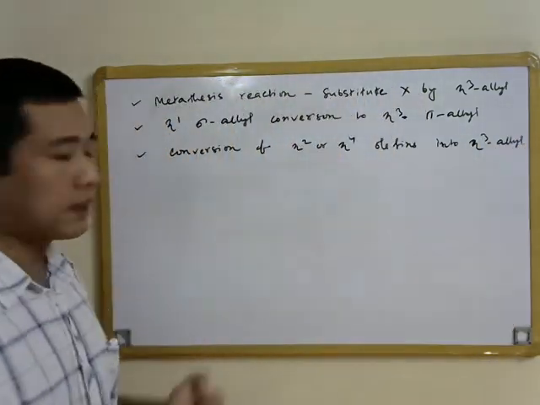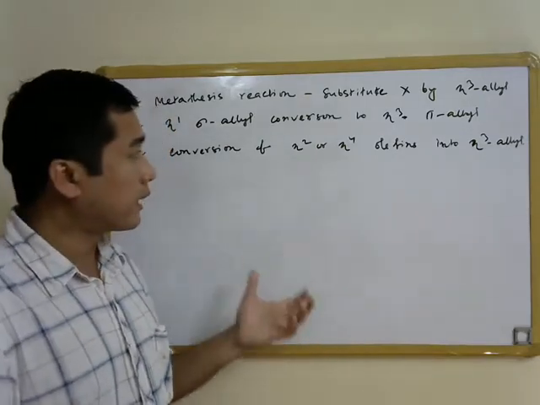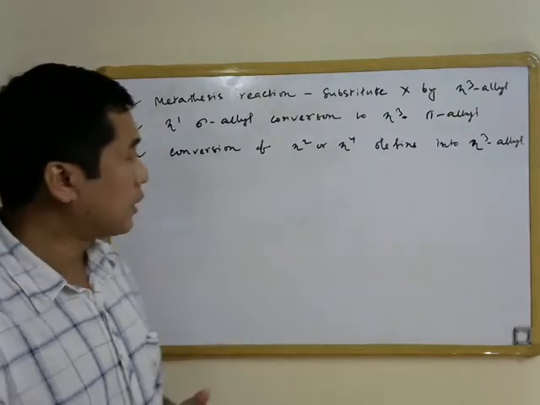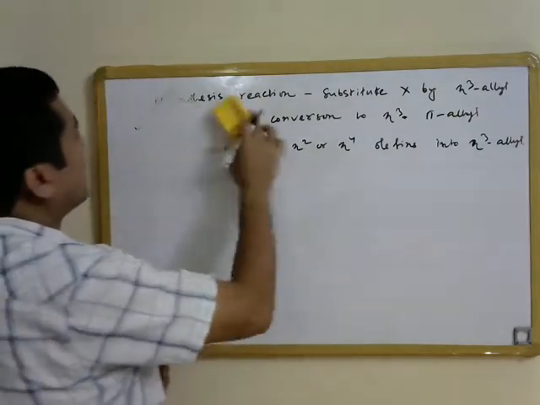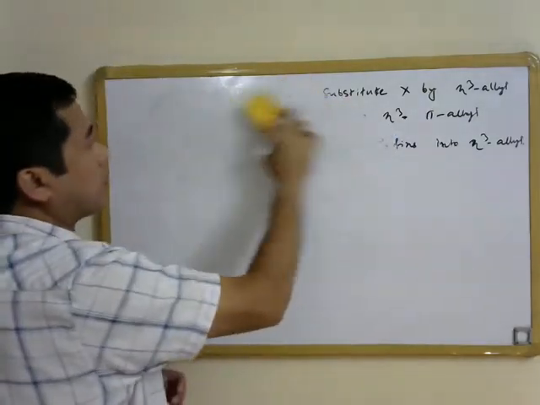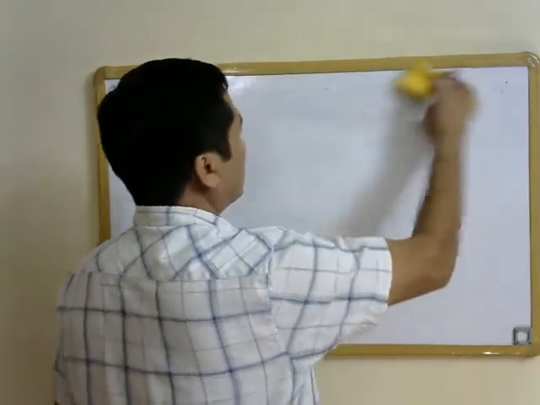Again we will discuss a couple of reactions where a metal olefin complex is converted into a metal allyl complex. So let us look at the different methods of preparation of metal allyl complexes, which use these three strategies.